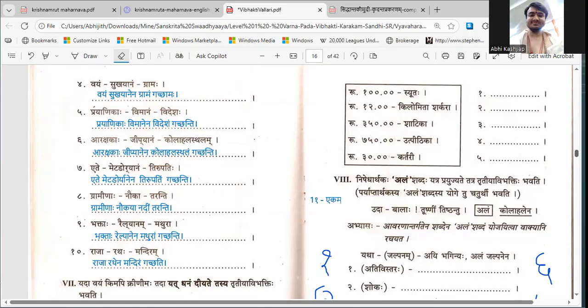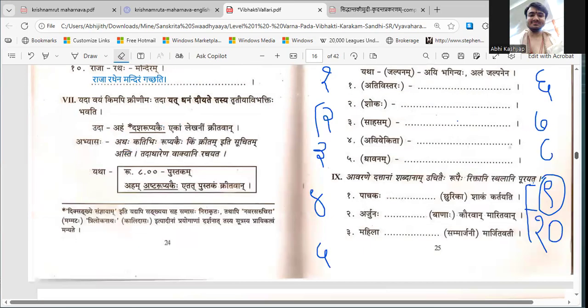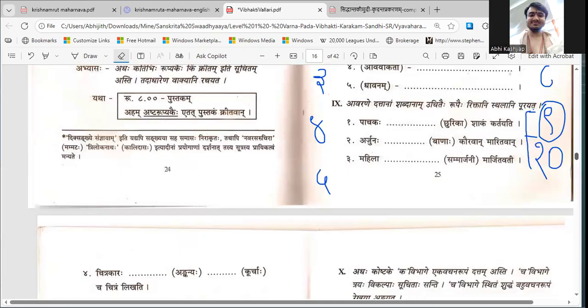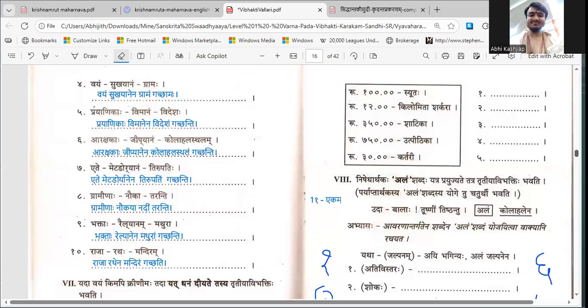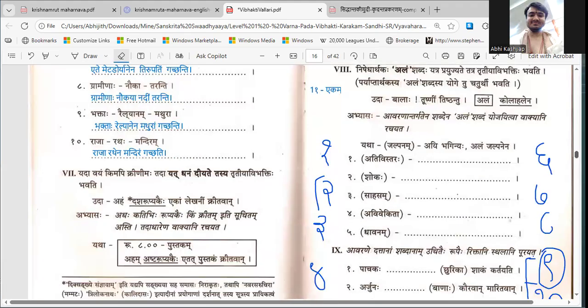Kritavan, Kritavati, bought, he bought, she bought. So that part we have to add. That is the Kriya Pada. So we can see over here, Aham, this is 8.